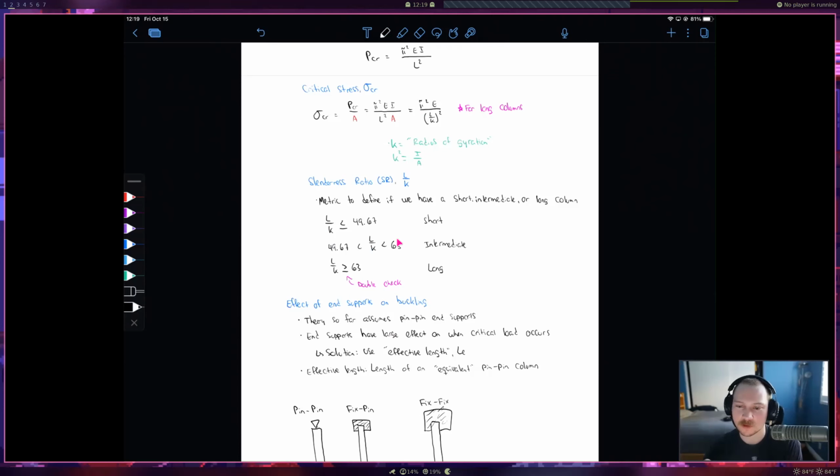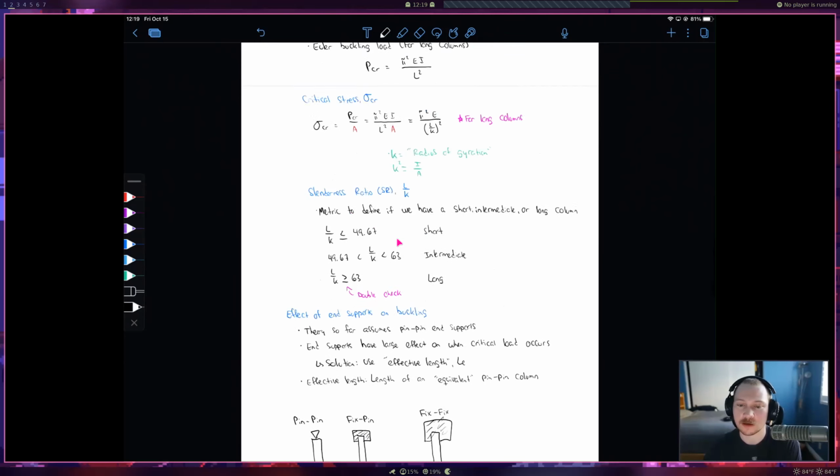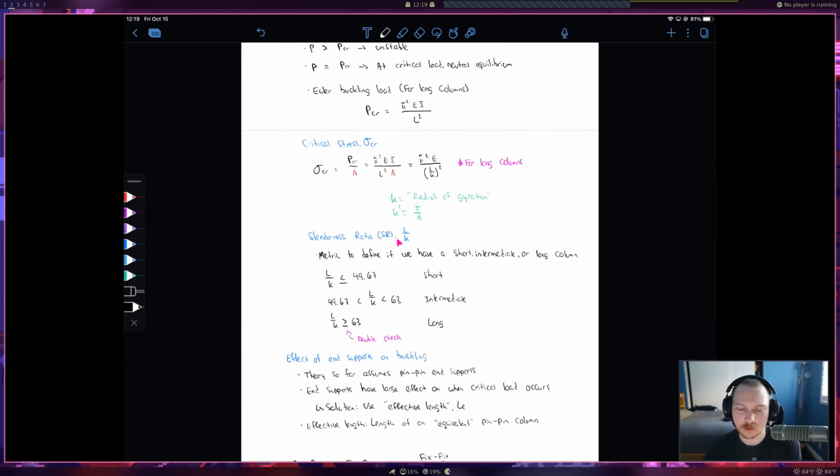And now we can solve for the critical stress for a long column for all of our different end support setups. So for pin-pin, fix-pin, and fix-fix. So we're going to take all of the equations that we wrote so far, and we're going to substitute in the effective length for length.